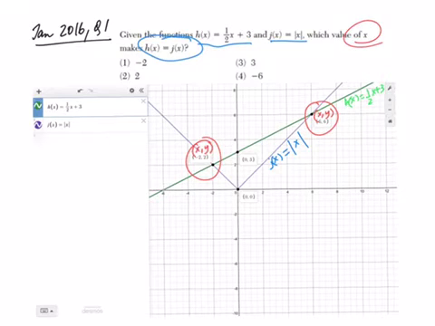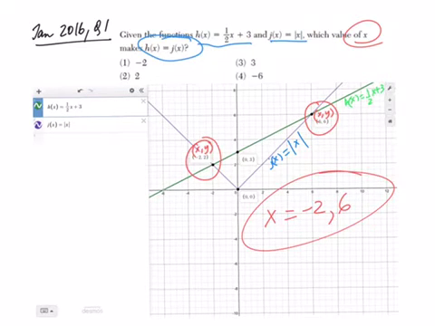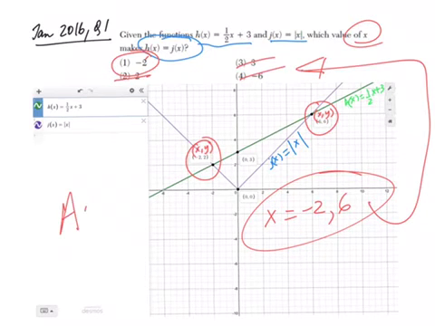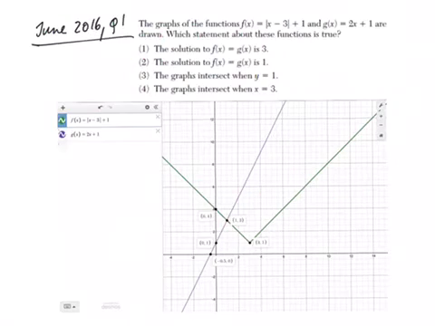Which value of x? So it's either -2 or 6? Let's go to the answer choices. Do we have -2? Yes, we have. This one's wrong, this one's wrong, this one's wrong. So answer choice is 1.